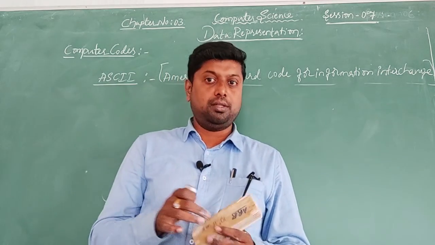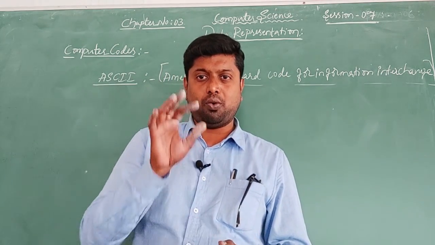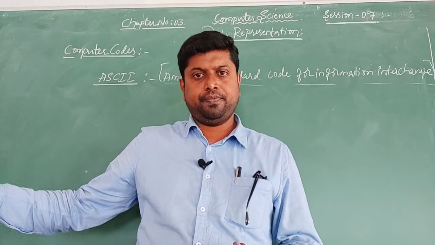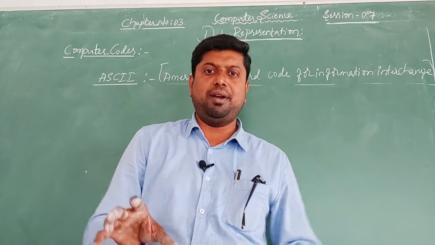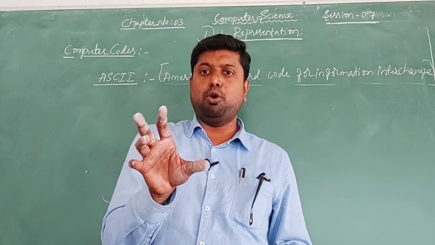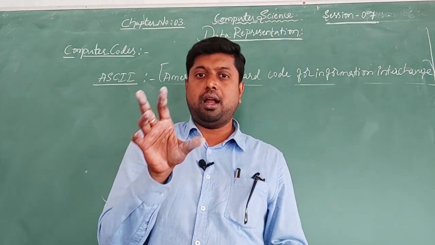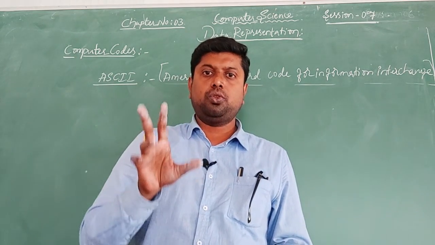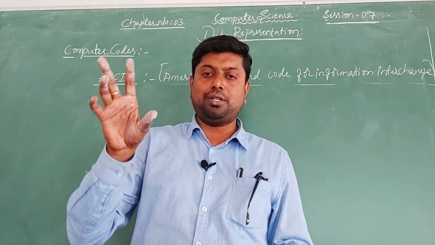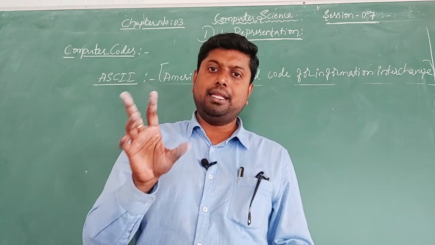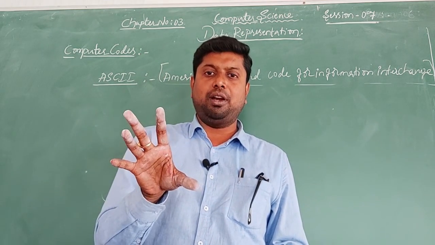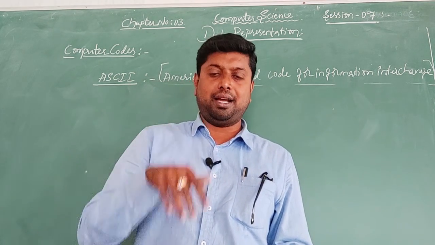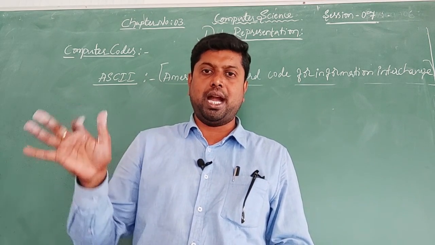You can ask a question here, sir, why were these kinds of codes proposed by Americans? Because almost all the multimedia keyboards or keyboard technology, whatever they are writing the codes, everything is based on America. So these types of codes were represented by the Americans, and that's why that standard is also called American Standard Code for Information Interchange.